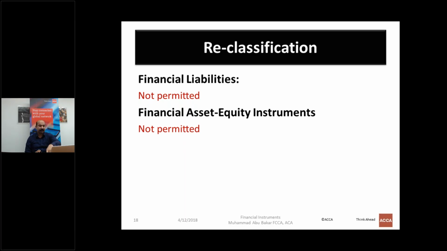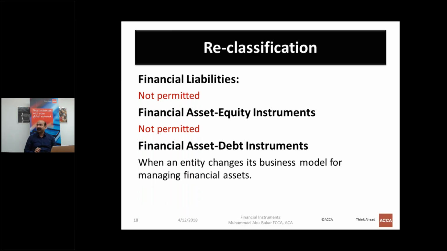And then there is financial asset, debt instrument. When an entity changes its business model for managing financial assets, then you can change its classification. This is the summary of the reclassification.